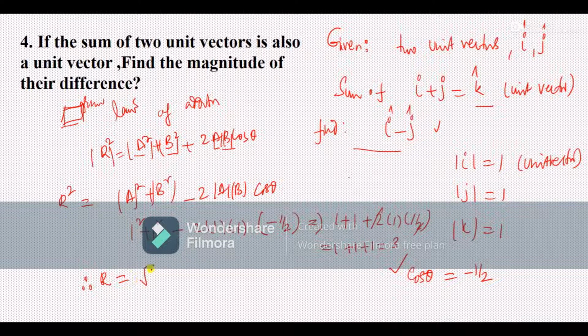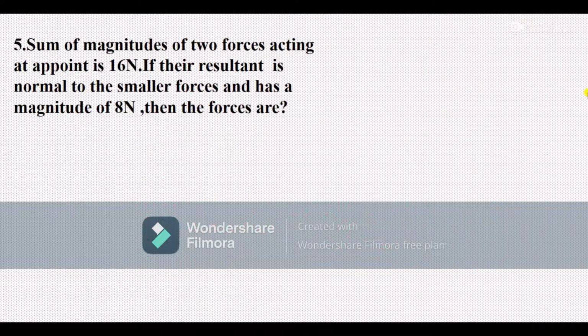In this equation we will get R equal to root 3. So this gives the solution for the magnitude of the difference of the unit vectors. So this completes the problem.